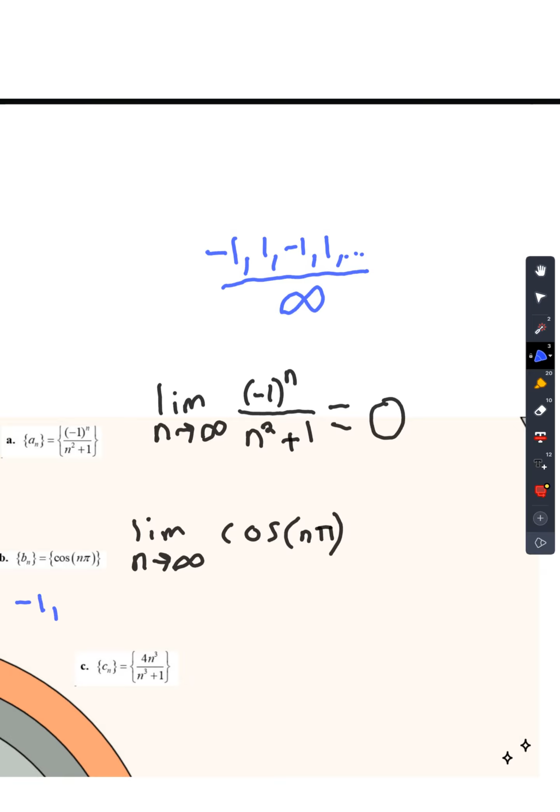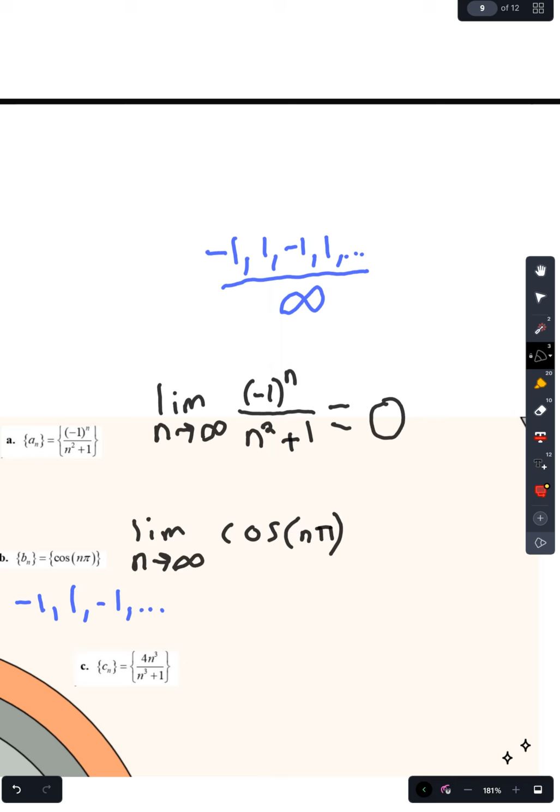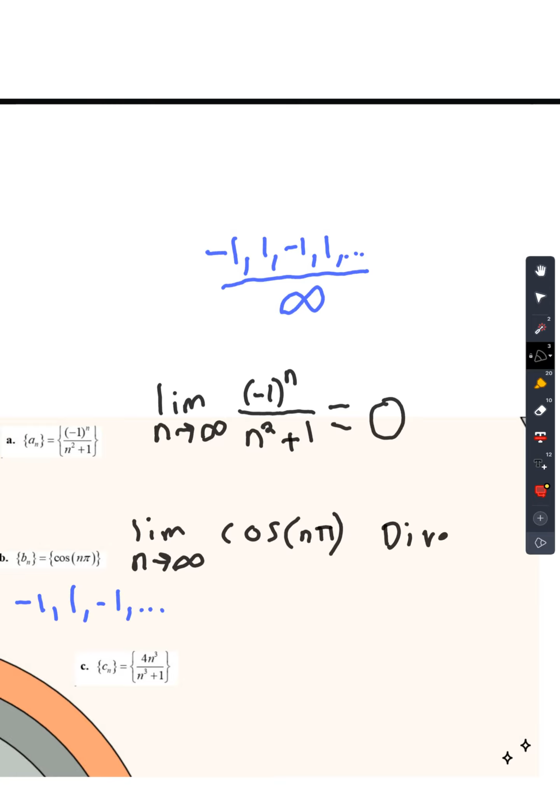Cosine of 2 pi is a +1. Cosine of 3 pi is going to be -1, and so forth. So again, we get those alternating values, but notice now that I'm not dividing by anything. That's the only value that we're getting. Because it's alternating between those two numbers and nothing else is going on, we would say that this diverges, because it's going to fluctuate, oscillate, or alternate between -1 and 1.